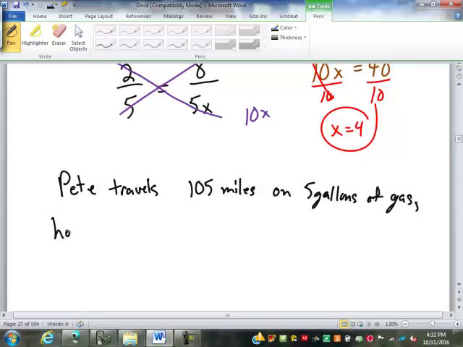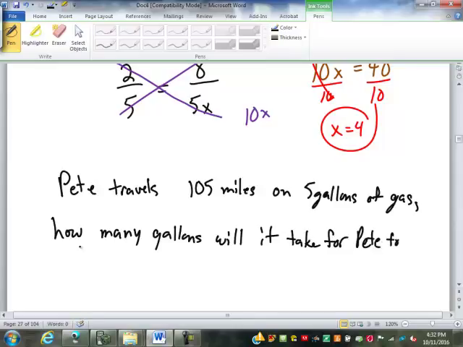How many gallons will it take for Pete to travel 336 miles?